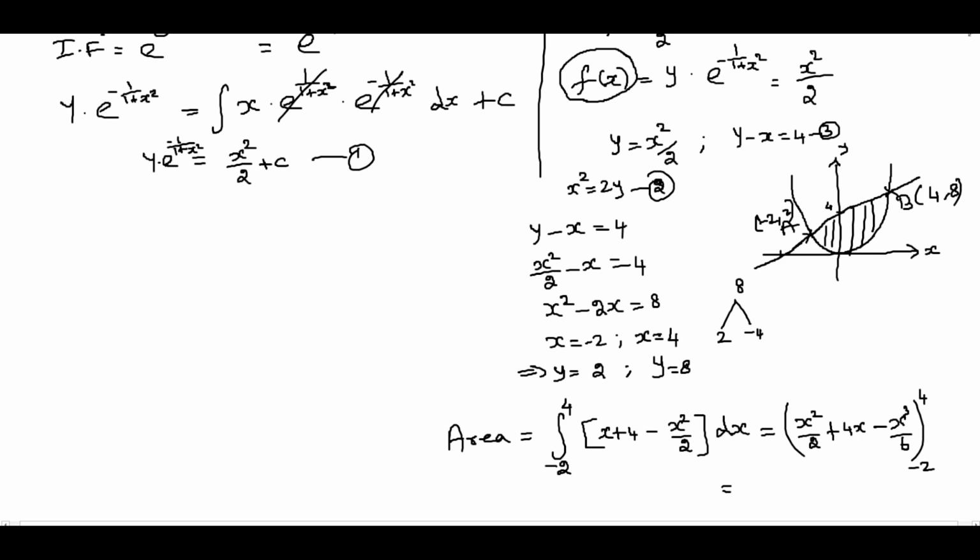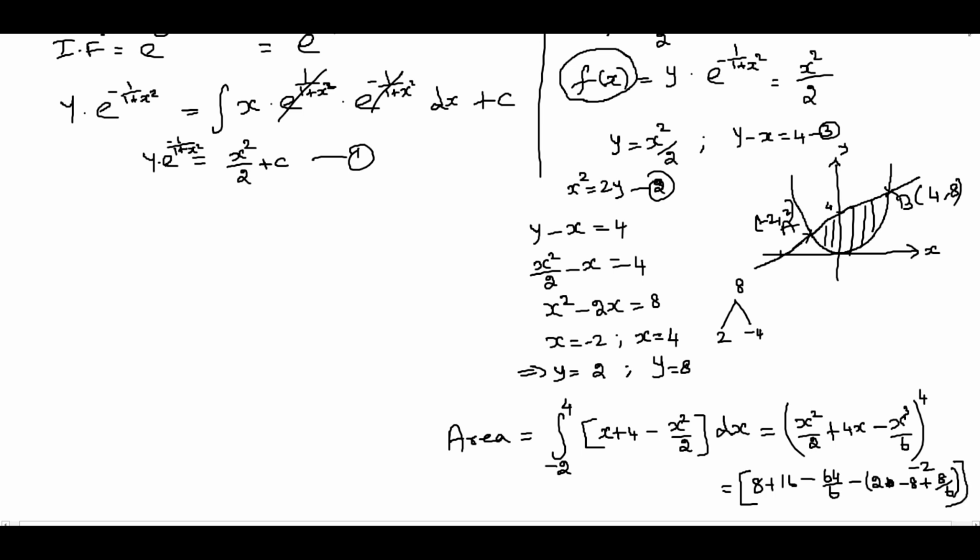If you apply the limit values, for 4: 16 by 2 is 8, plus 4 fours are 16, minus 4 cube 64 by 6. Minus the lower limit: 4 by 2 is 2, plus minus 8, minus, plus 8 by 6.